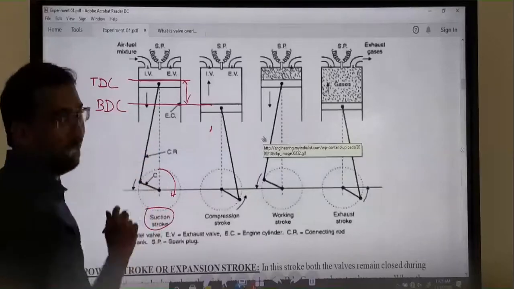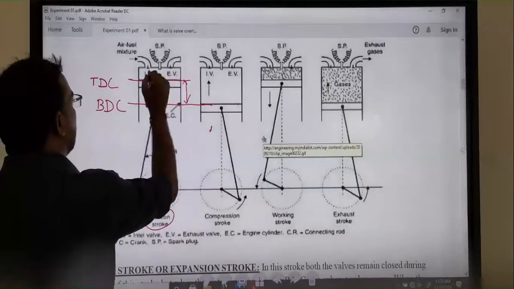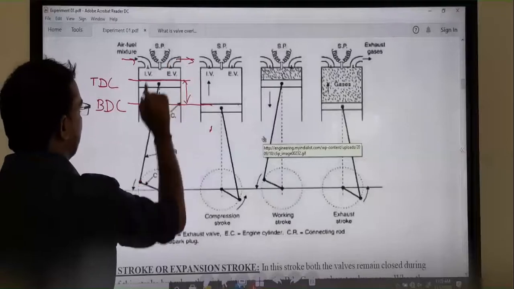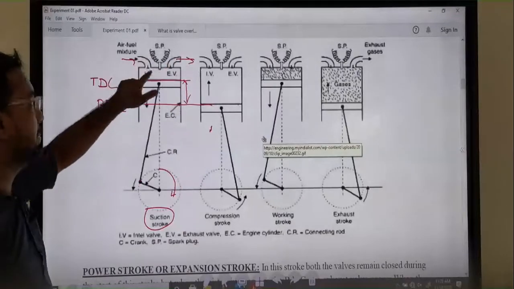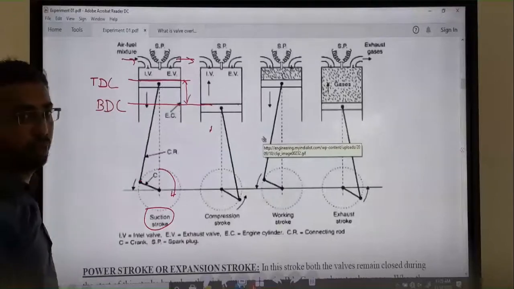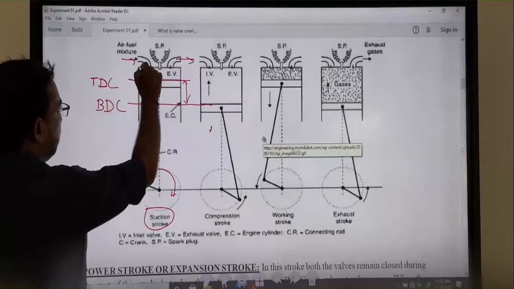There are two valves in the combustion chamber. This is the combustion cycle, and there are two valves: this is intake and this is exhaust. This is the spark plug in the center. First the air-fuel mixture is inserted through this intake valve.